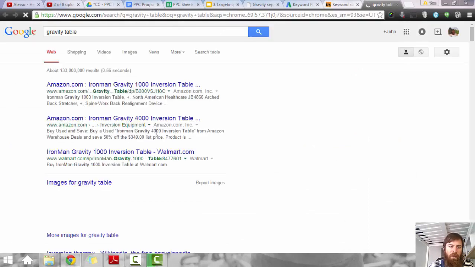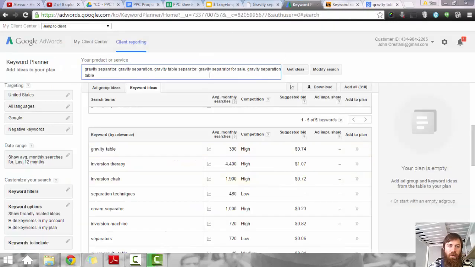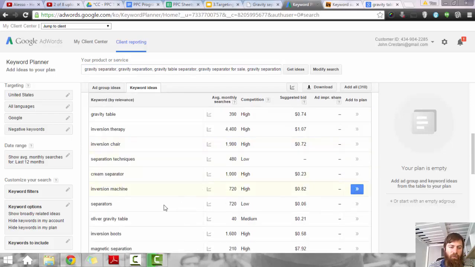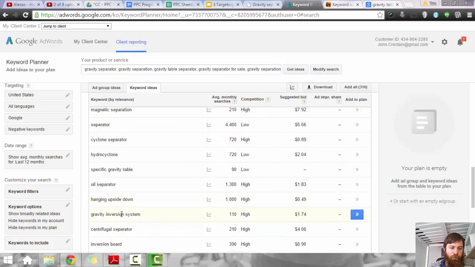Gravity table. Now, this is where I do a lot of research, but frankly, the search volumes are so small, it's hard to waste a lot of money. If you figure you're only going to get about 1 out of every 20 searches is going to be a click, that just means you're going to spend $1 on this keyword per month, most likely. Oliver gravity table, that's good. Shows our name is associated with these gravity tables. Oliver inversion system.